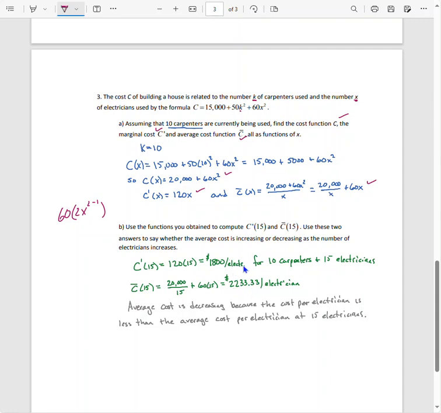The next one's going to be $1,800. Notice that's less. The average cost, C bar, is decreasing. It's going down because the cost per electrician is less. Cost per electrician at 15 is less than the average cost per electrician at 15. The next one is 1,800. The next one is cheaper, so the average cost is going down.